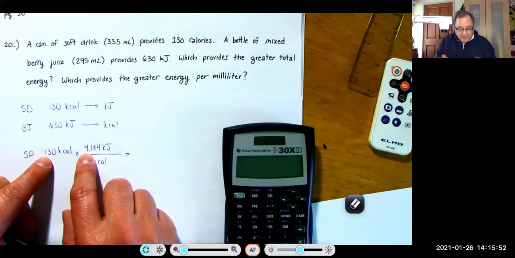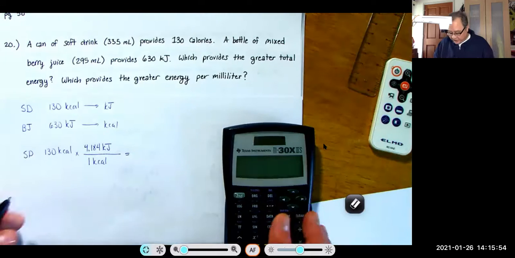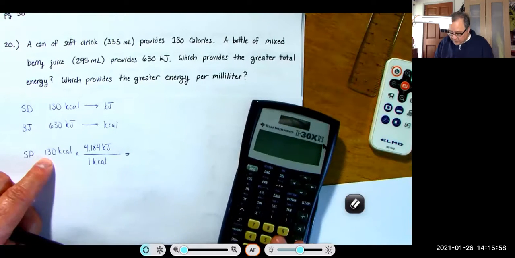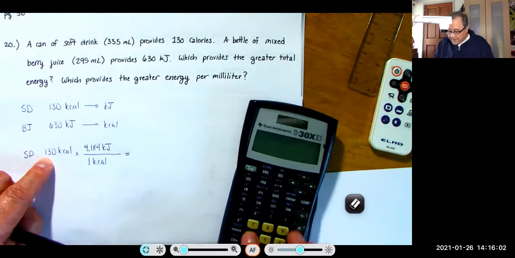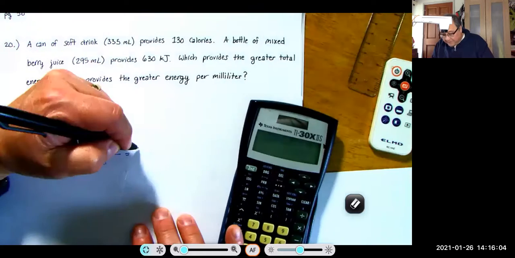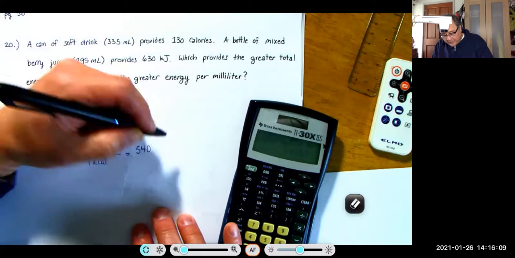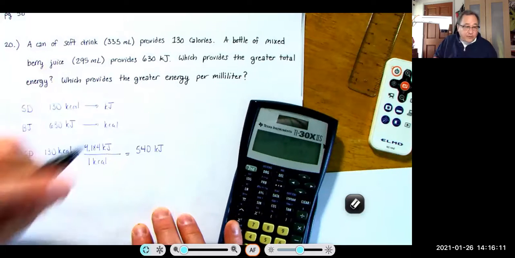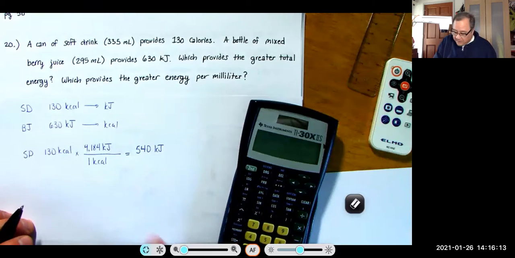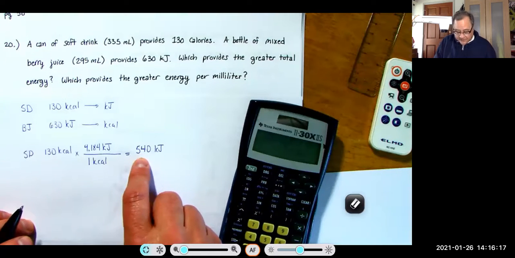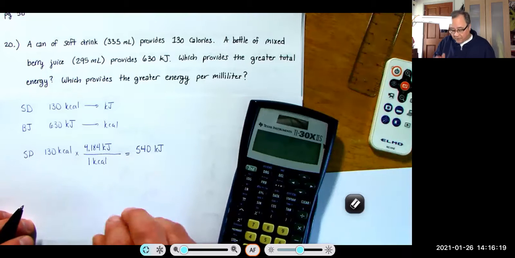So altogether, this should be about 520-ish. Two significant figures. 130 times 4.184. And we get 540 kilojoules. I get 543.92, but because the number to the right of the 4 is a 3, I round down and make that just 54 instead of 543.